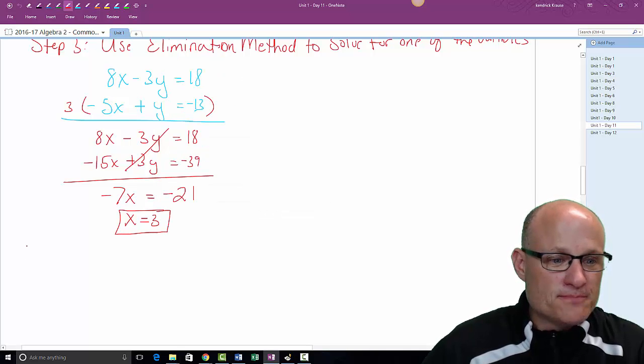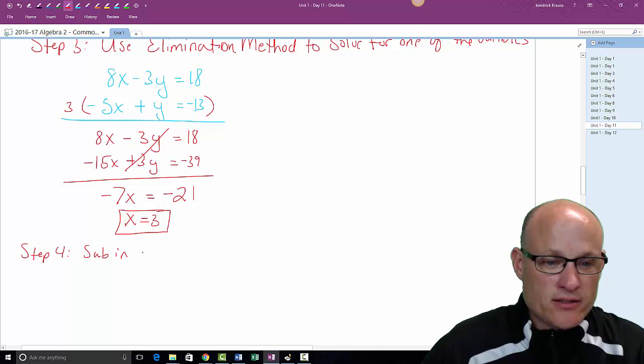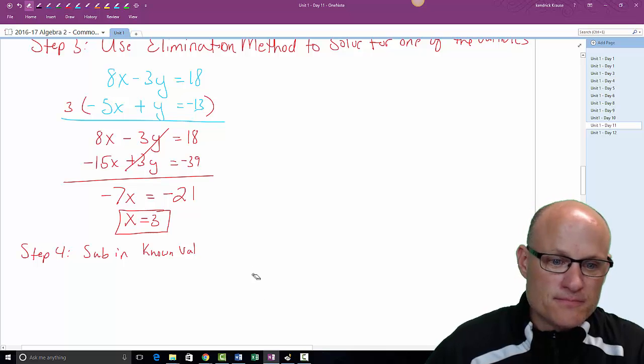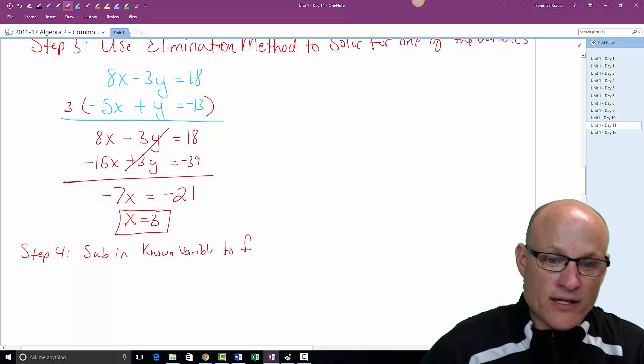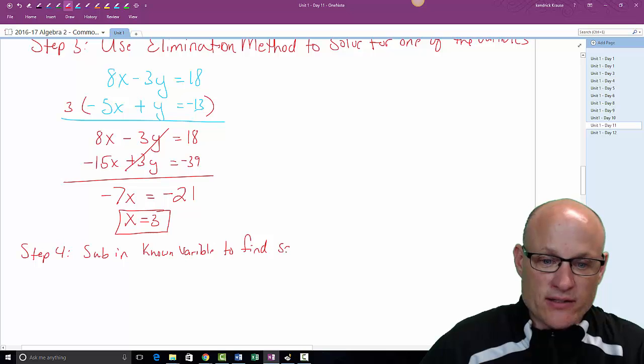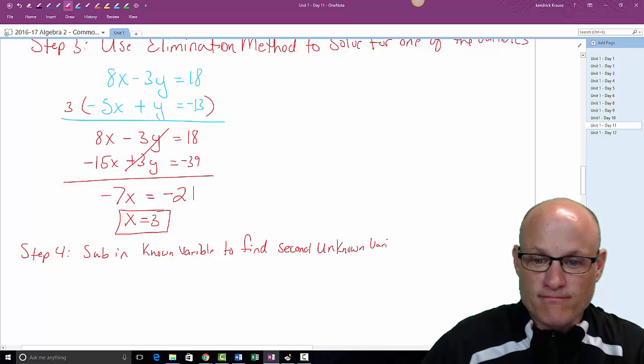Step 4. Sub in known variable to find second unknown variable.